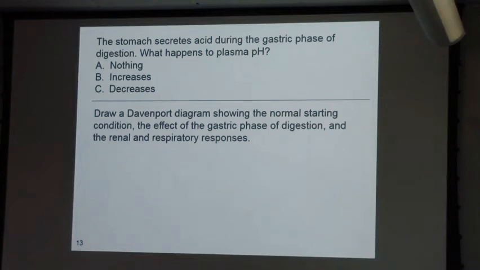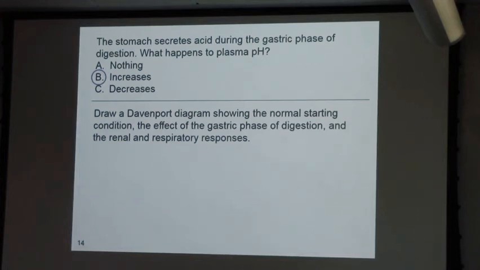I asked you a question about this on the kidney test. Digestion is secreting acid into the stomach. So what happens to plasma pH? It increases because we're pumping bicarbonate into the plasma. That's metabolic alkalosis. And you did this on the test.